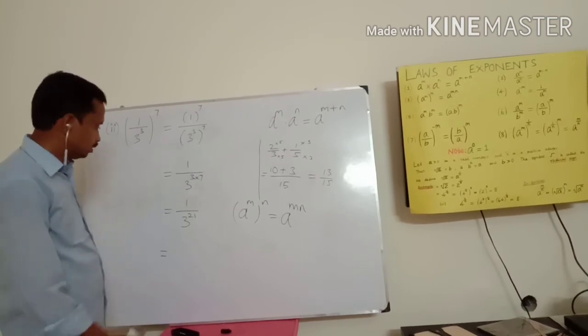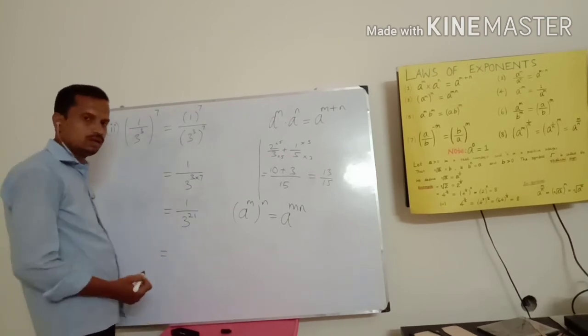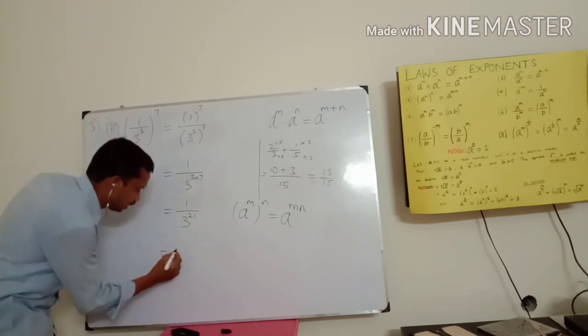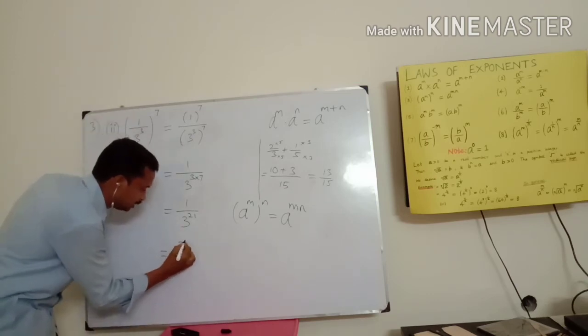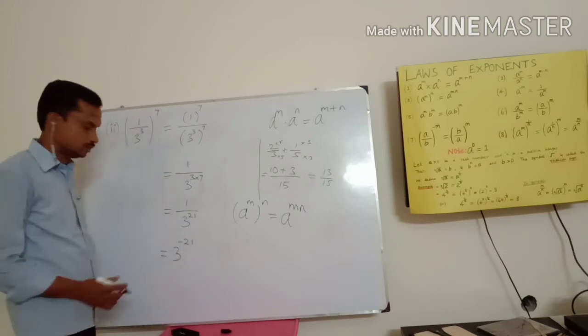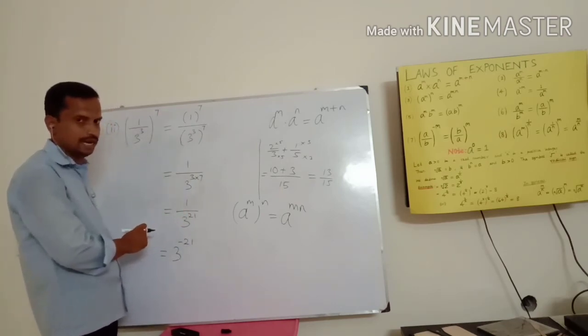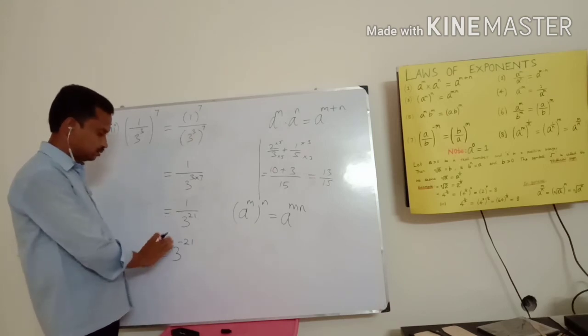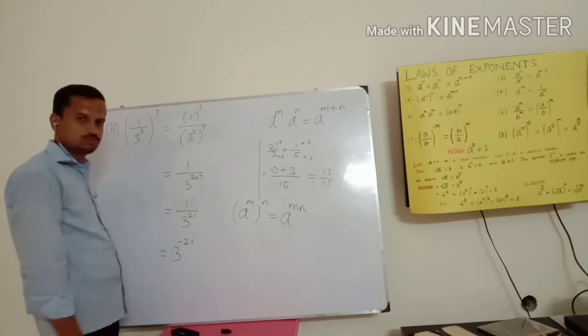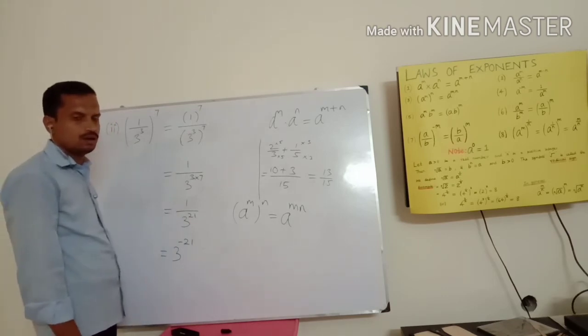And now 1 by 3 power 21, if you want, you can write as 3 to the power minus 21, because in the denominator 3 power 21 is there. So write like this, the exponent sign will change.